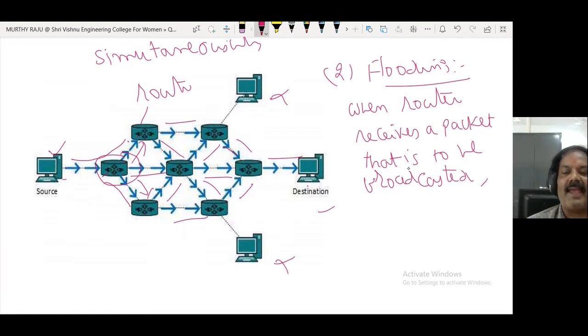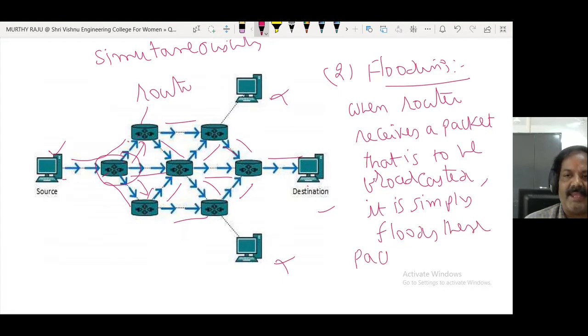When a router receives a packet that is to be broadcasted, it simply floods these packets out of all interfaces.